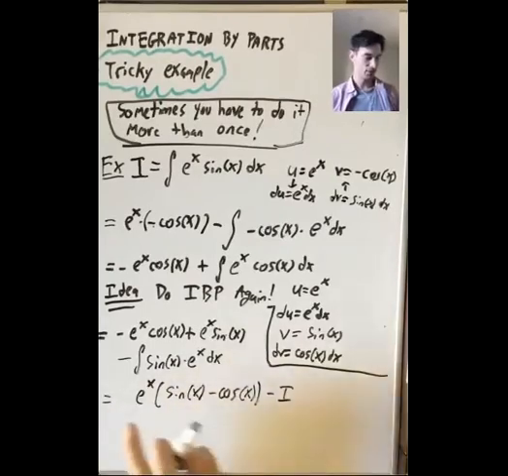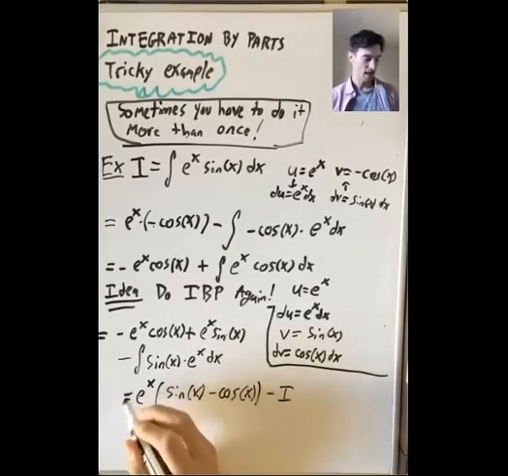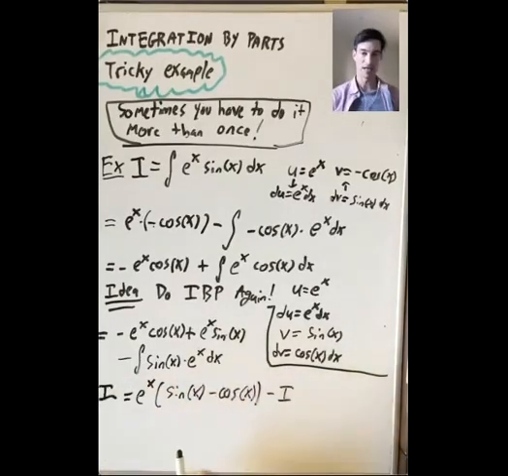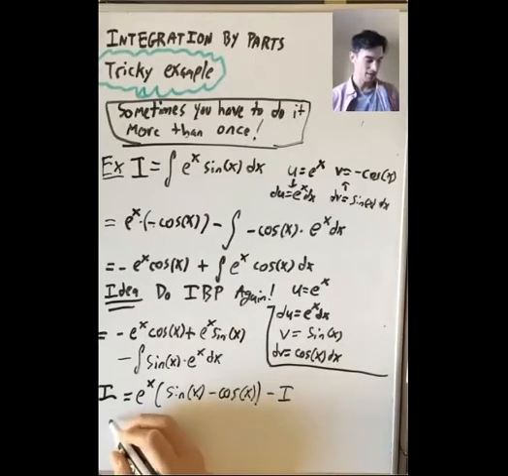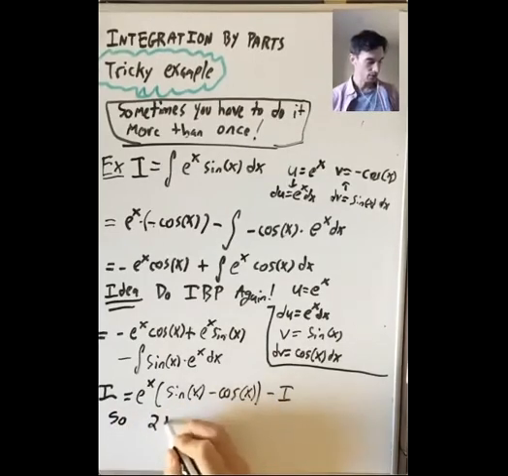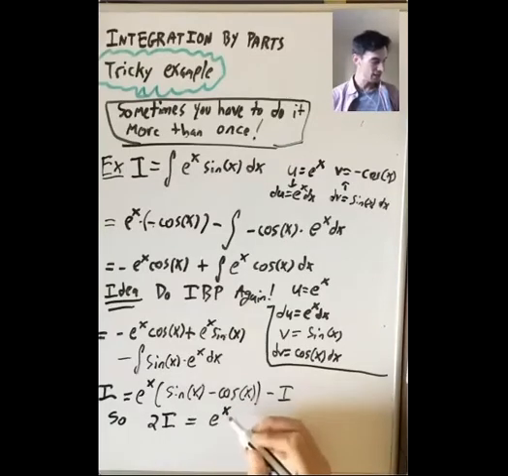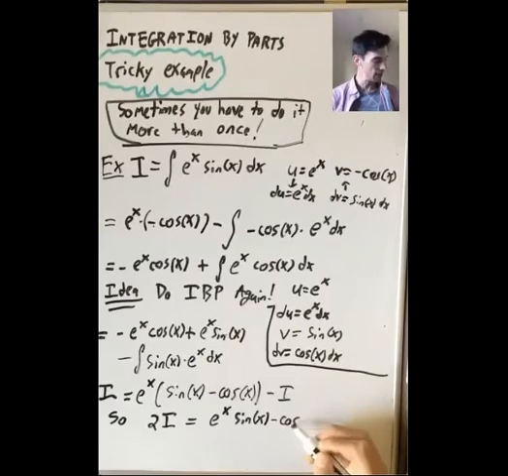So just to recap, what do we have? We have that this thing we want to understand, I, is equal to e to the x times sine minus cosine. So what does this mean? This means 2 times the integral we want to understand is equal to e to the x times sine x minus cosine x.